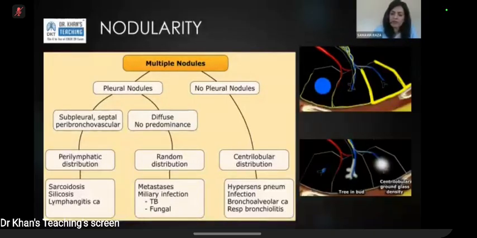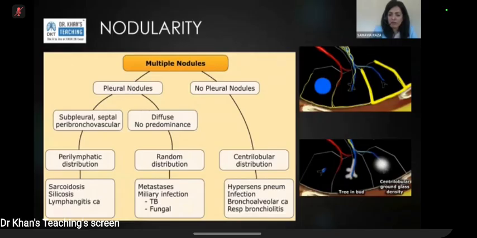Once you've excluded central lobular, you go down the line of whether this is random or whether this is peribronchovascular. If this is random, it will be everywhere. It won't respect a pleural surface. It won't respect a central lobular identification. So in differentiating between random and peribronchovascular or perilymphatic, you look at the fissures.